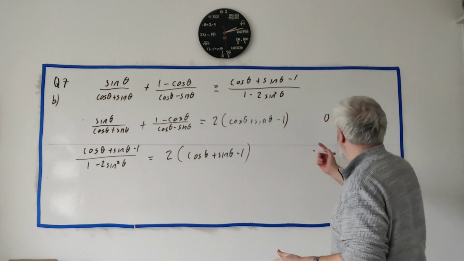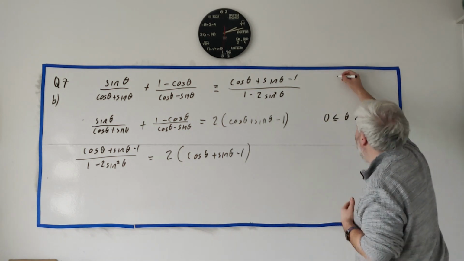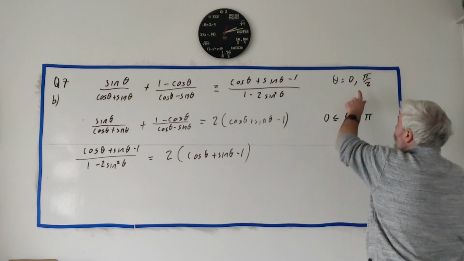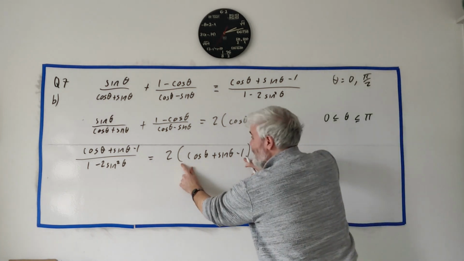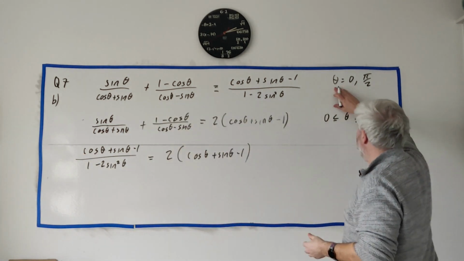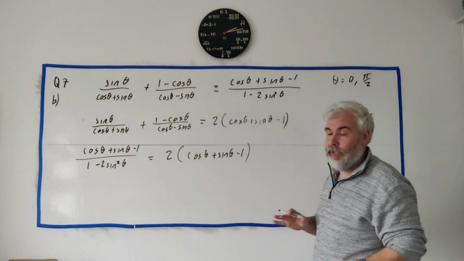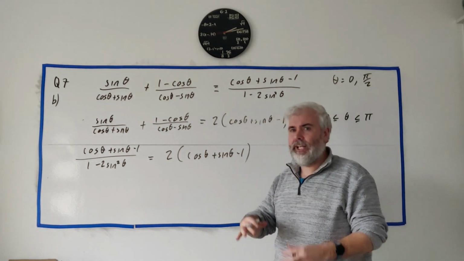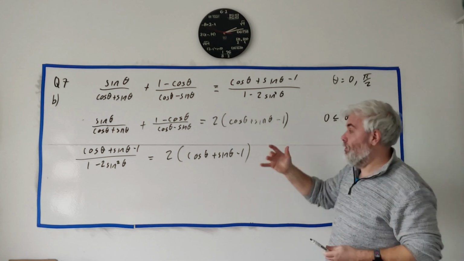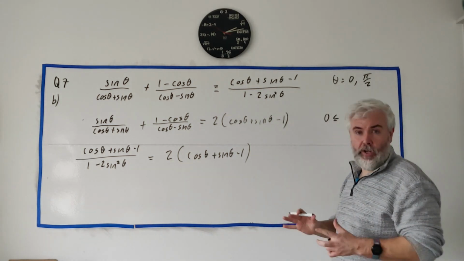So the answer from part A was theta is equal to 0 and pi over 2. When this happens, this guy is 0. This guy is 0. So let's just ignore these 2 points for the moment. We'll solve the question, we'll get some answers, and then later we'll look at these 2 points and see what the answer is there. Okay, I hope that's clear.